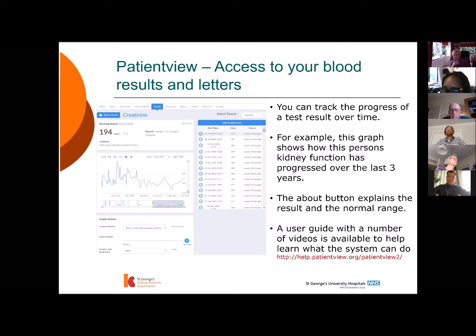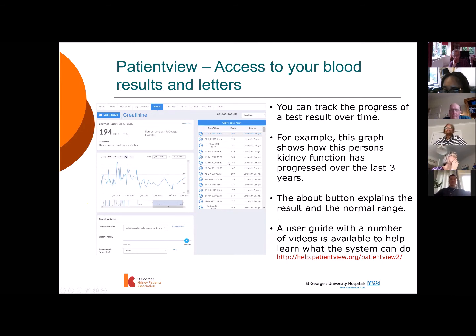So let's look at it. If you select, as I said on my previous page, the view chart button for any of your results, you will come to this screen. Here you can see how you can track the progress of this particular result, in this case creatinine, through history.